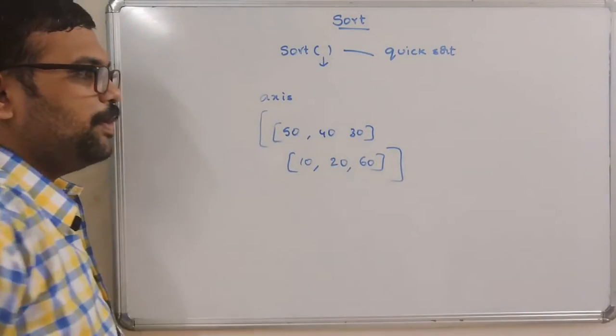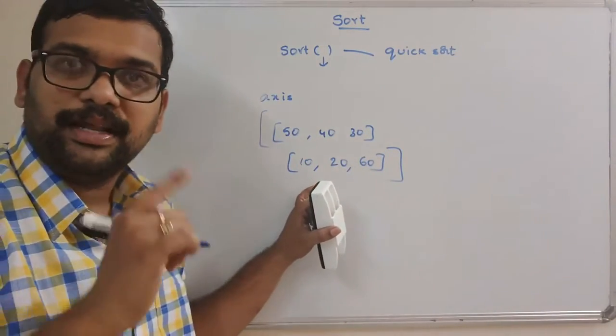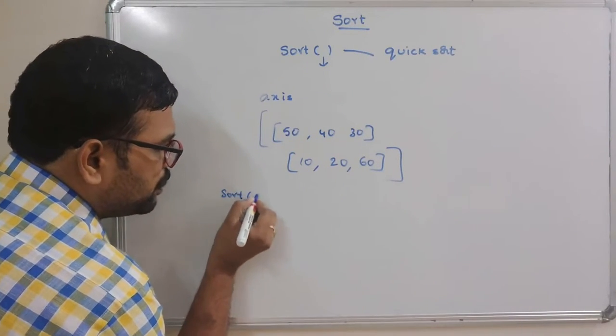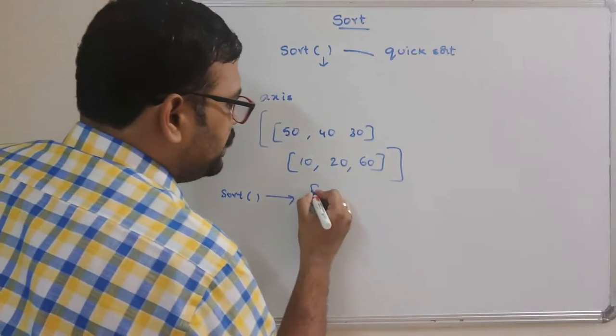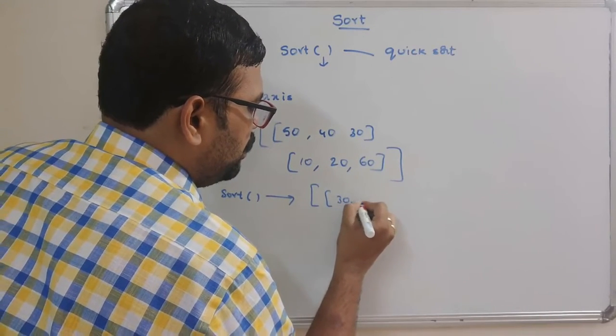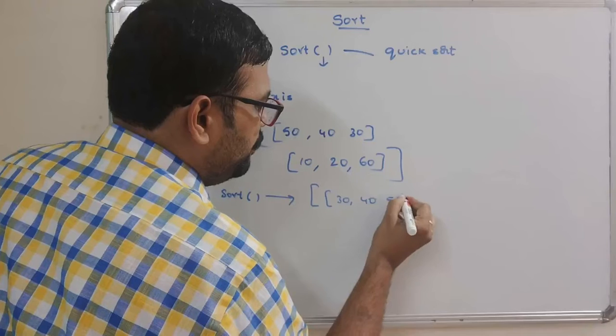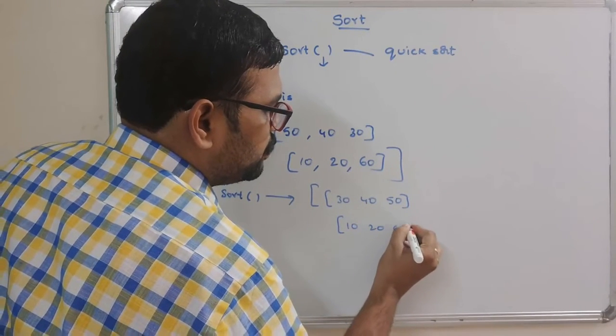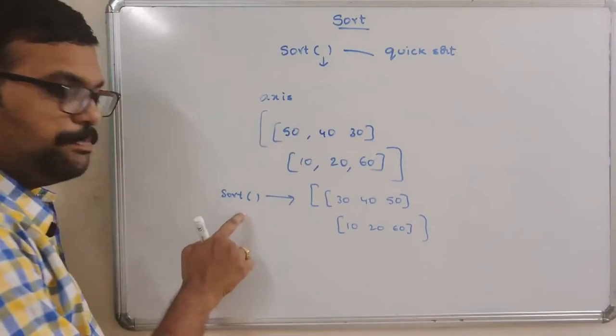If you simply apply the sort, we'll get the result as 30, 40, 50 and similarly 10, 20, 60. This is the result we get if you simply apply the sorting technique.